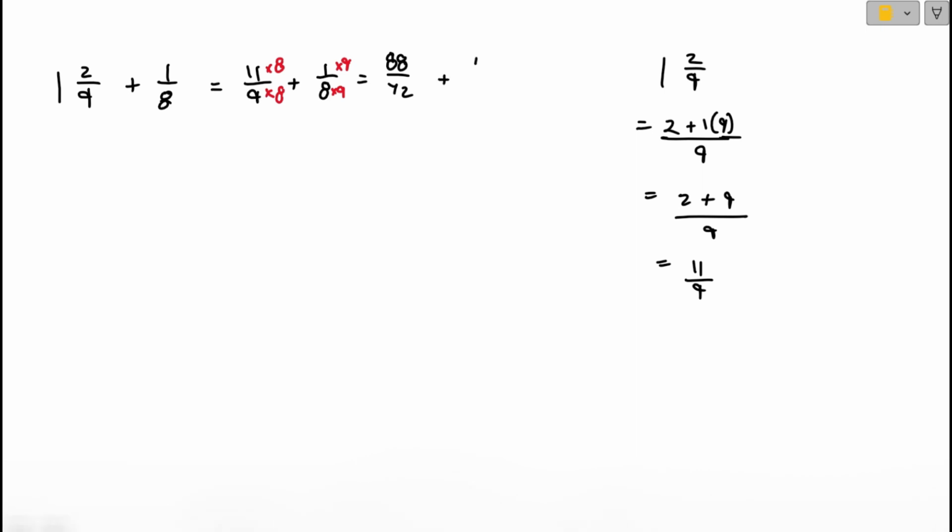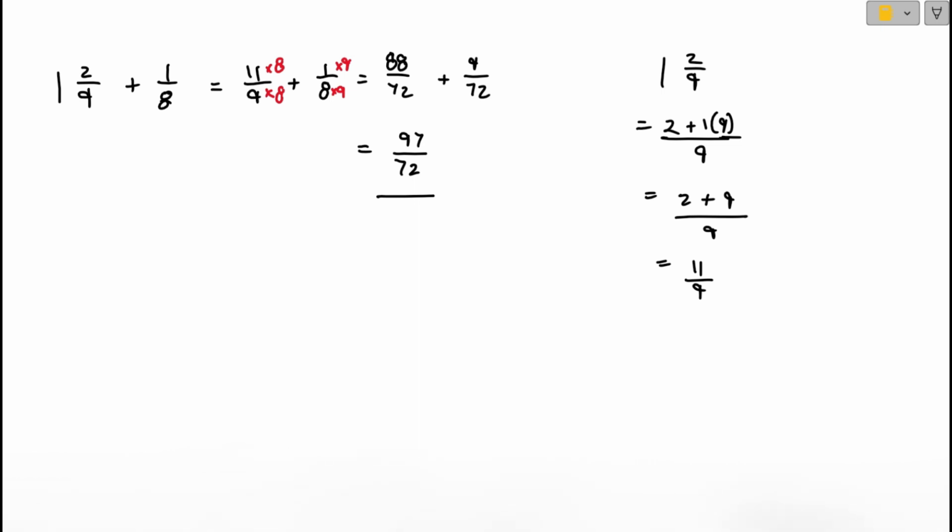And 1 times 9 will give us 9. And 8 times 9, we know it's 72. Denominators remain the same. And 88 plus 9 is 97.